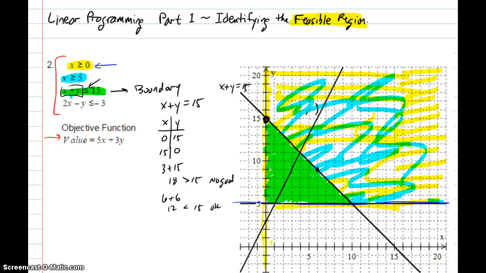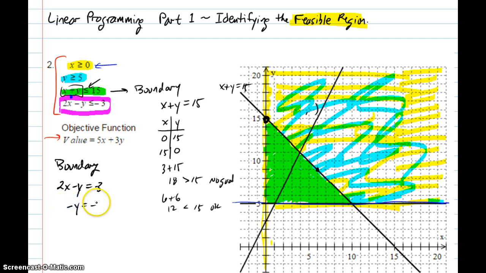The last inequality I've got to look at is this one. 2x minus y is less than or equal to 3. Again, I'm going to look at the boundary of 2x minus y is equal to negative 3. And if I were to solve this for y, I could subtract 2x from both sides.